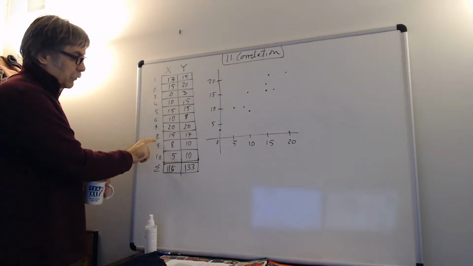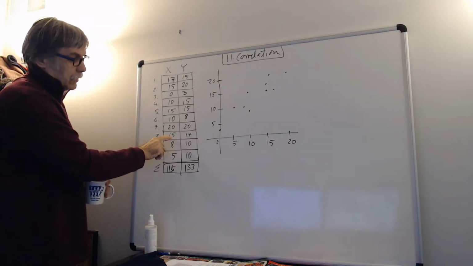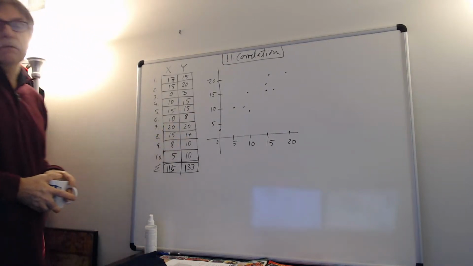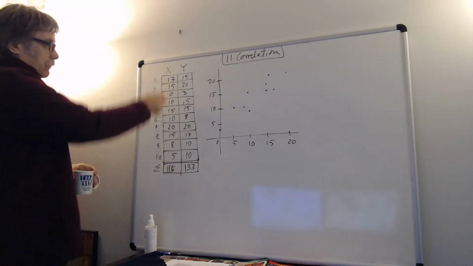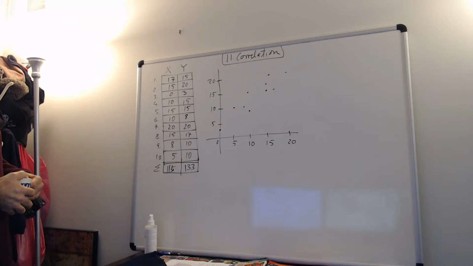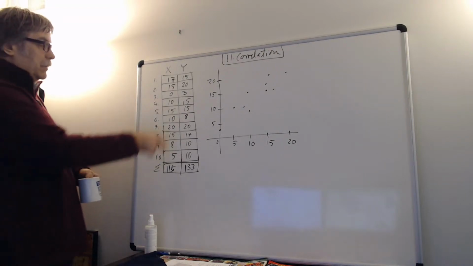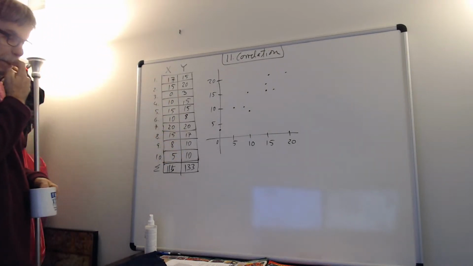And student number 8 scored 15 on the first quiz and 17 on the second quiz. Down there on the bottom, I wrote the sums of all of the numbers in the X sample and the sums of all of the numbers in the Y sample.